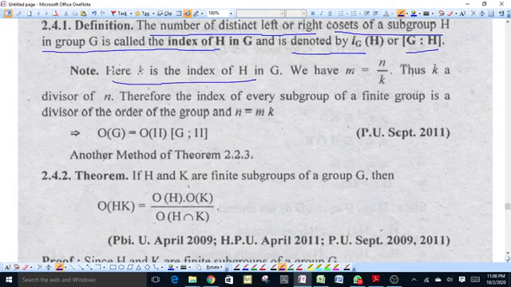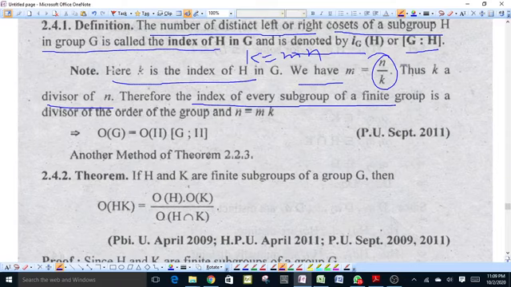Here k is the index of H in G, then we have m is equal to n upon k, because we have already proved that n is equal to mk. This means k is a divisor of n, therefore the index of every subgroup of a finite group is a divisor of the order of the group, that is, n is equal to mk. We can write it as the order of G is equal to the order of H times the index of H in G.